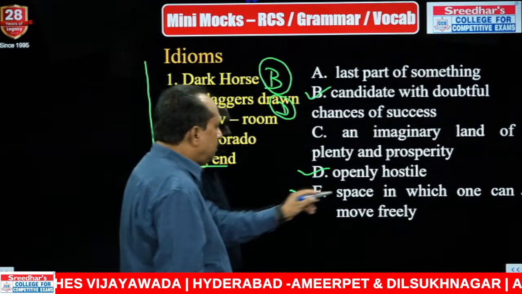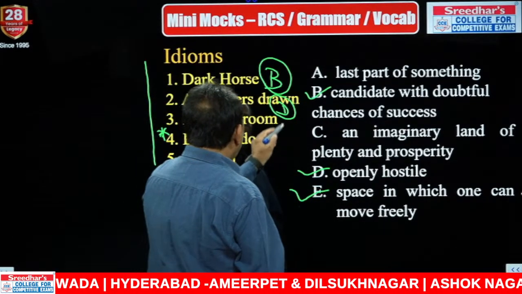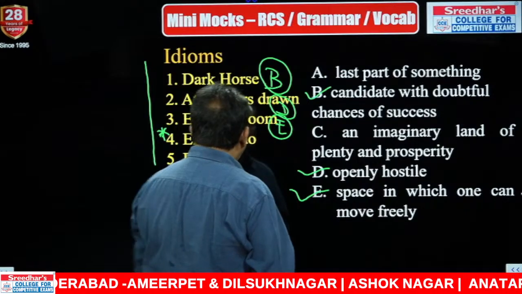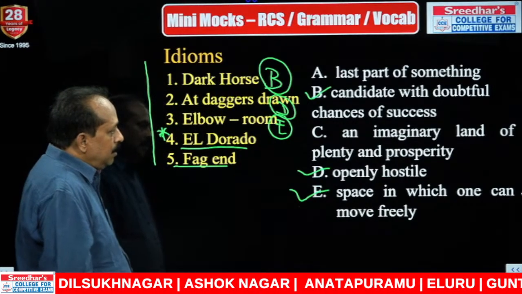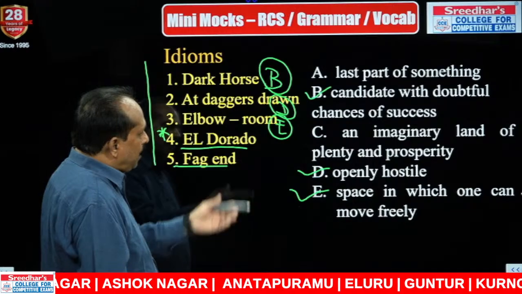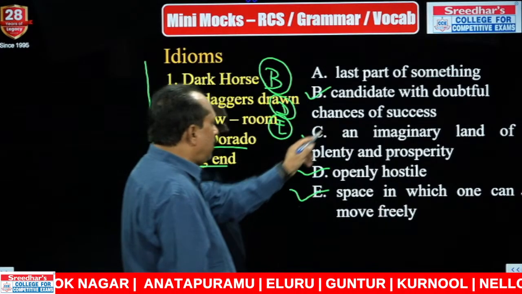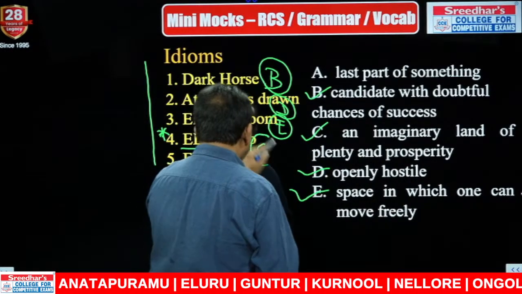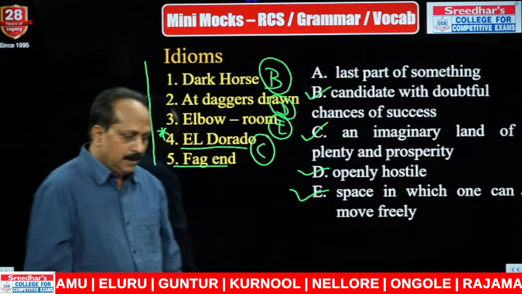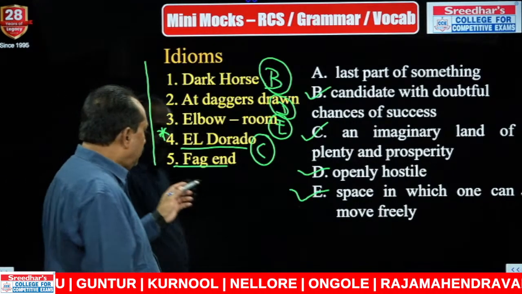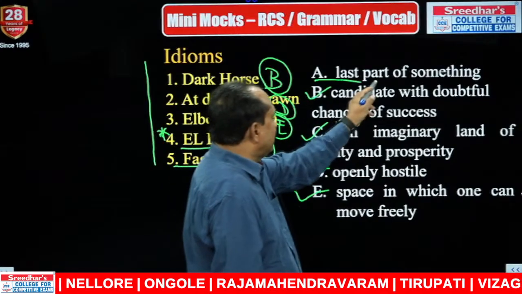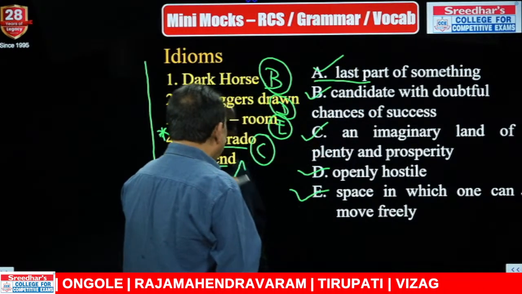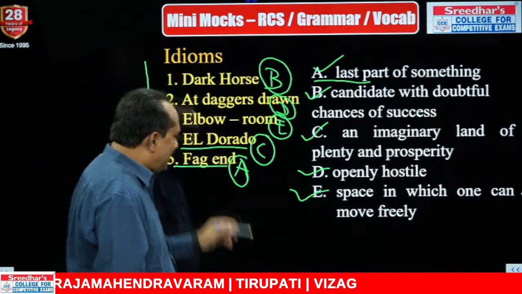Based on that, E is the answer. El Dorado, that is an imaginary land, an imaginary land of plenty and prosperity, no problems, no suffering, nothing. What is the last one? Fag end of the session, last part of the session. You all should get this one, no second thoughts.